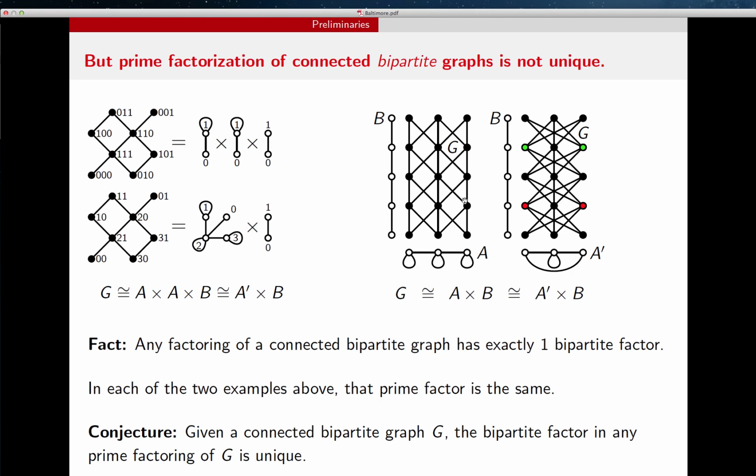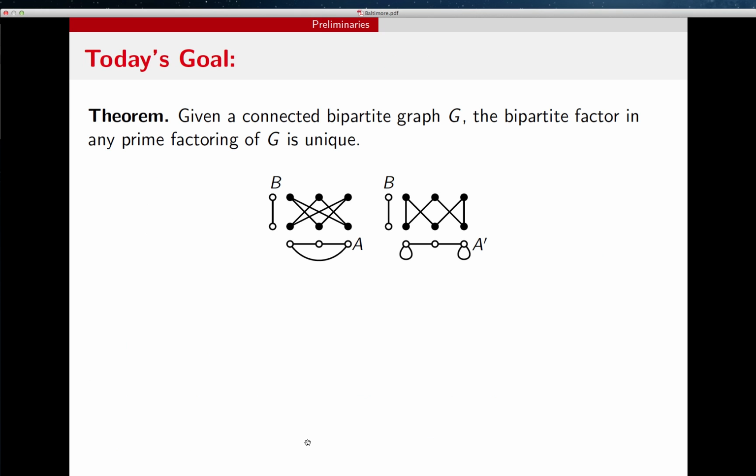Now, for a long time, this was a conjecture that given any connected bipartite graph G, the bipartite factor in any prime factoring of G is unique. And the purpose of today's talk is to discuss a proof of that fact. The theorem is this.